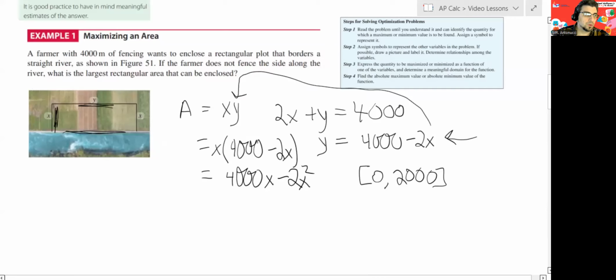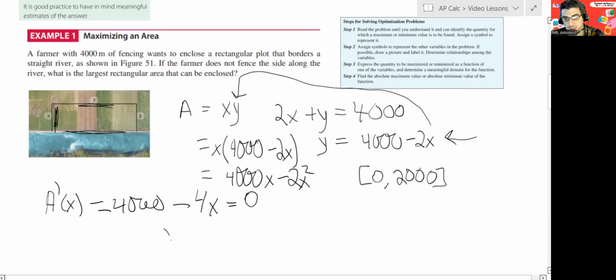Okay, so the number that maximizes this is going to be the number that maximizes our function A. So if we take the derivative, you get 400 minus 4x, set that equal to 0, and you would get x equals 100.